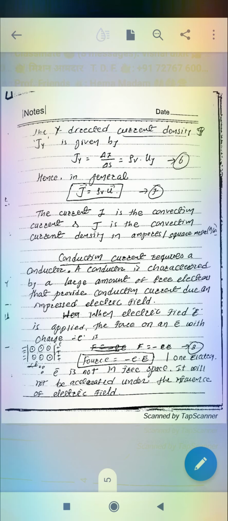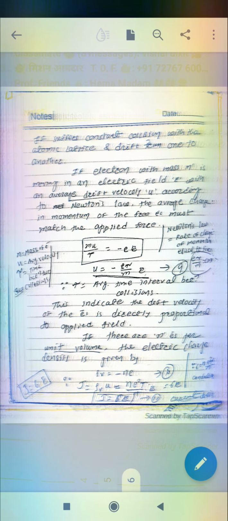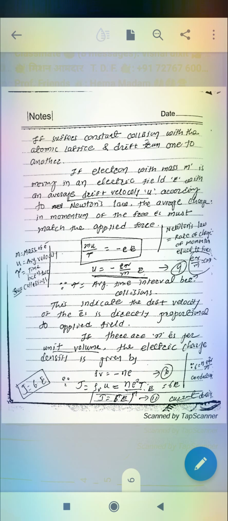How to define it? If an electron with mass m is moving in an electric field capital E with a drift velocity u, then we can consider Newton's law.